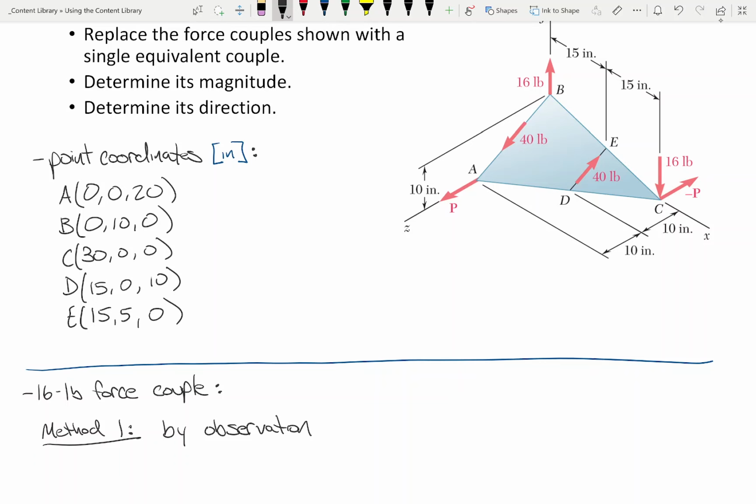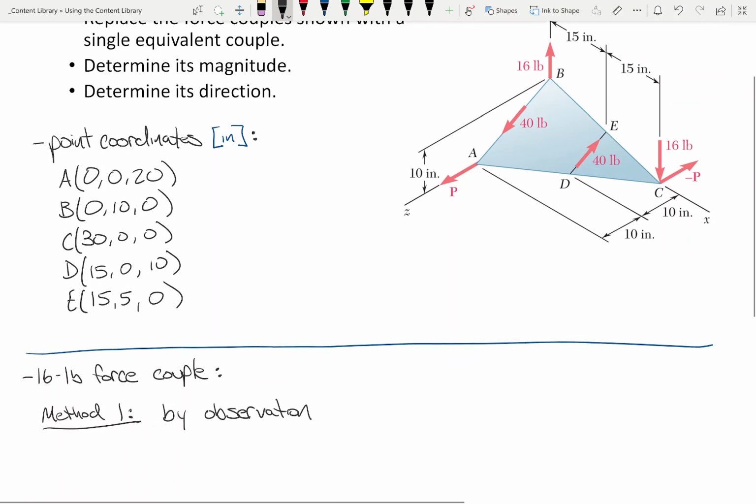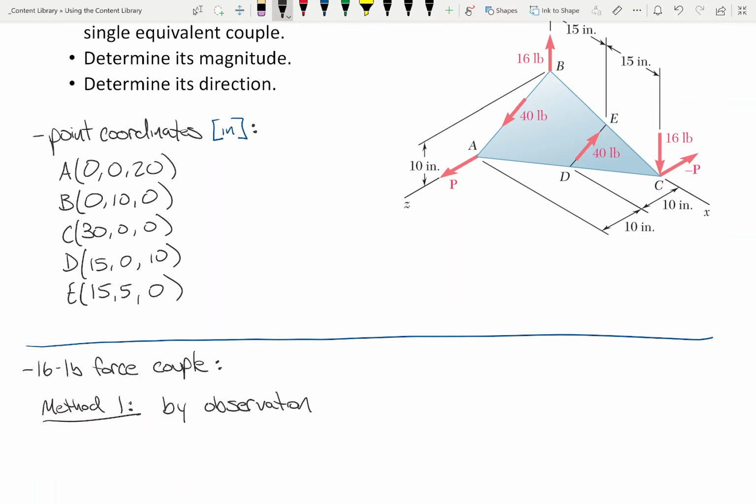So here's what I'm going to say. Method 1 by observation: rotate about the z-axis. Is that going to be positive rotation or negative rotation?